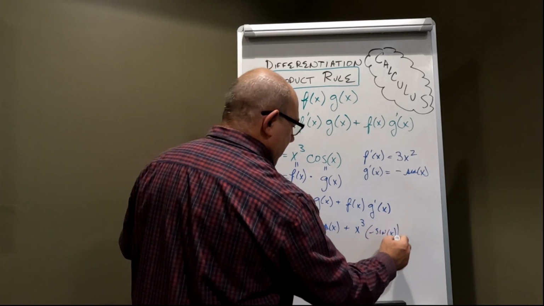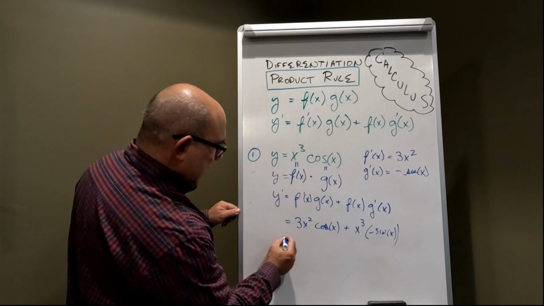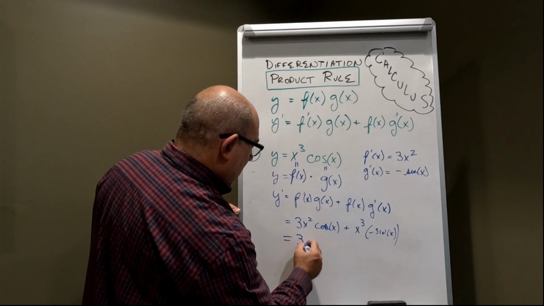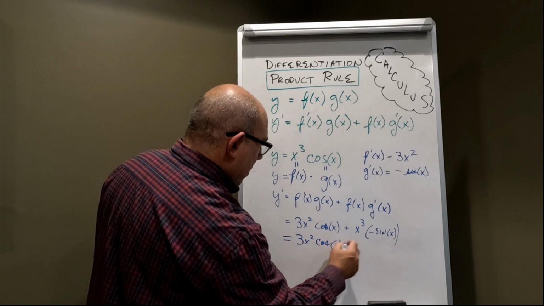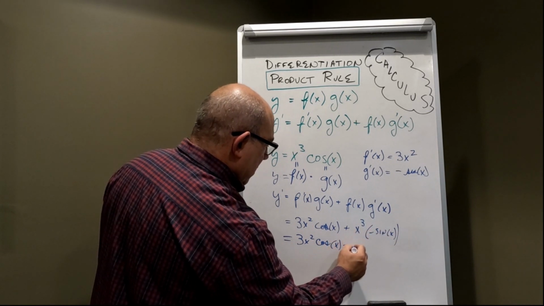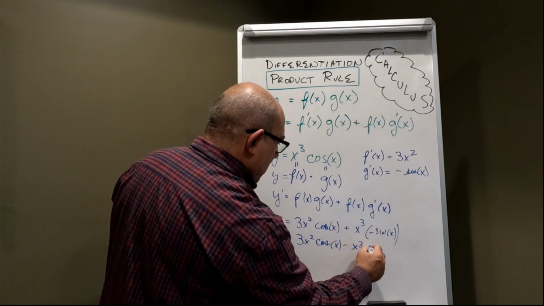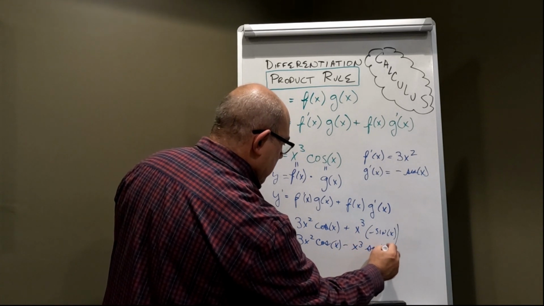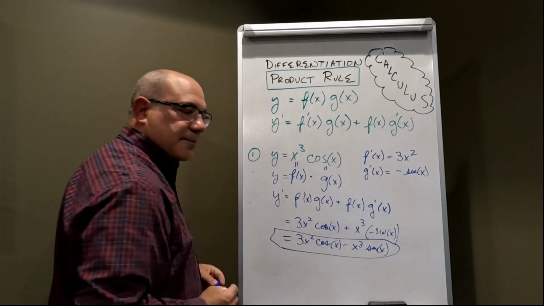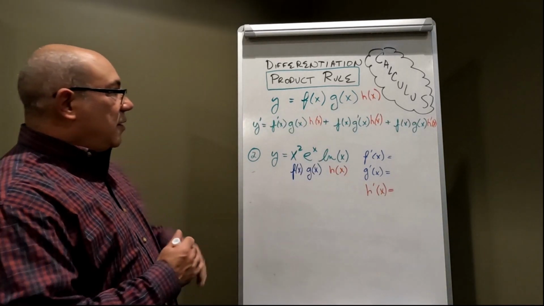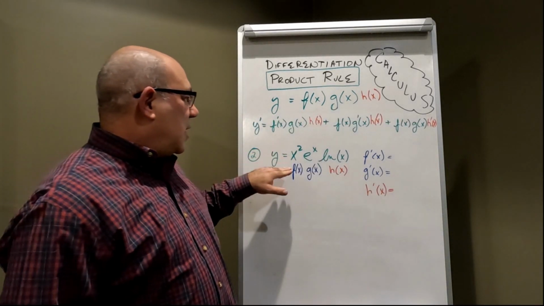All right, so now that is going to equal 3x squared cosine x minus x cubed sine x. And that's our answer.